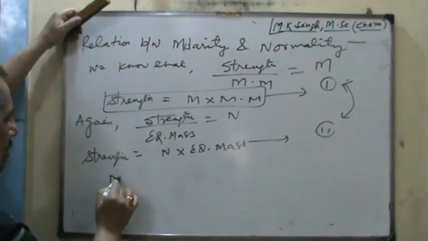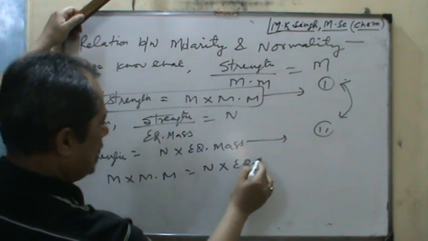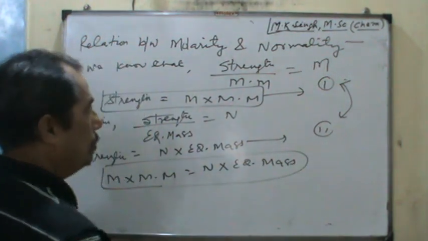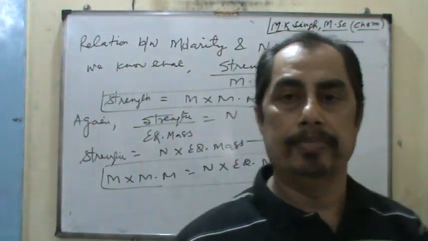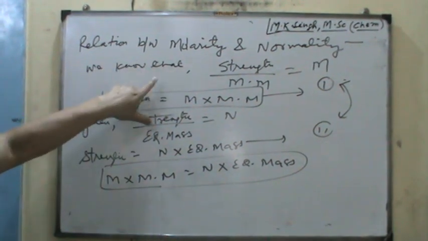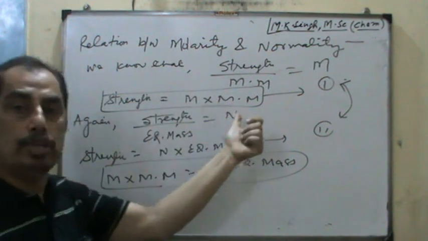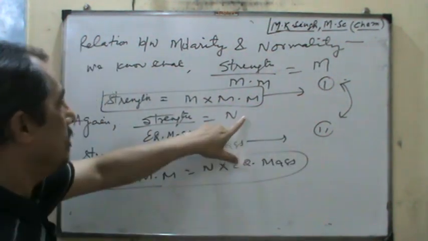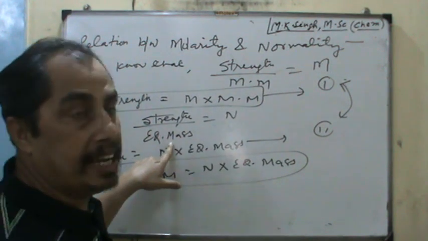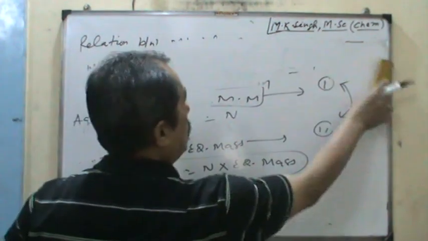So molarity into molar mass is equal to normality into what mass? Equivalent mass. This is the formula through which you can solve the question. My dear students, strength upon molar mass is the molarity, so strength is molarity into molar mass. In the same way, since I have taken the term normality, we applied equivalent mass. I have already explained how to calculate equivalent mass.